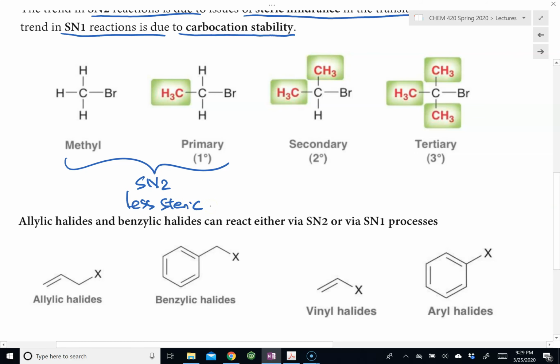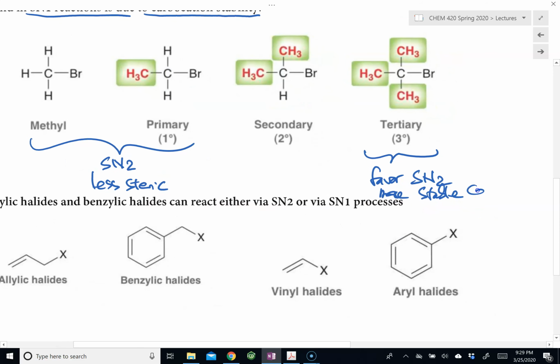And the tertiary substrate favors the SN1 reaction, because as the tertiary substrate undergoes the SN1 mechanism, it will produce the more stable carbocation. Therefore, it favors SN1. As for methyl and primary, because they're less sterically hindered, they favor SN2.